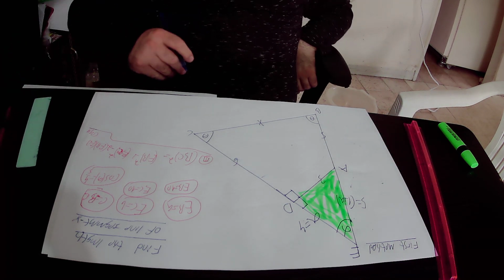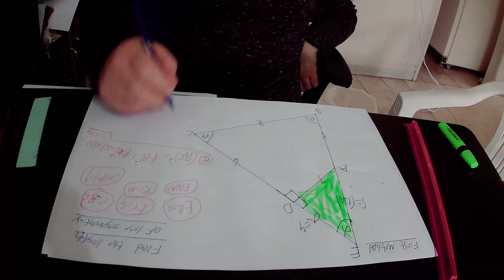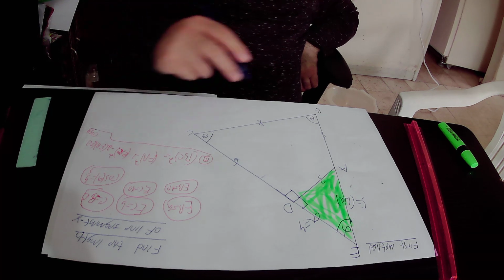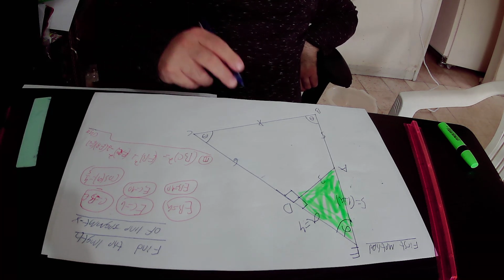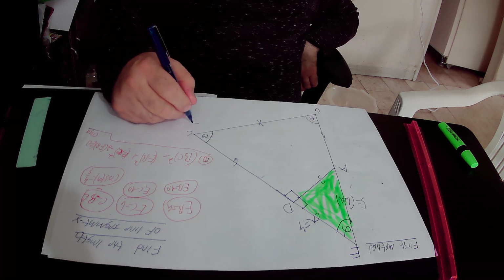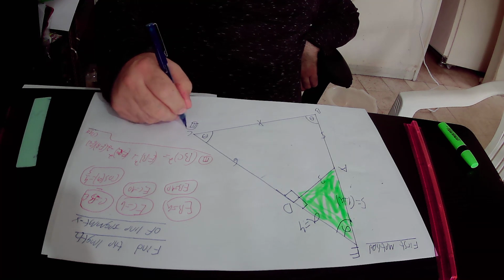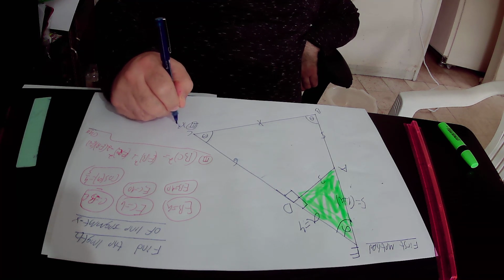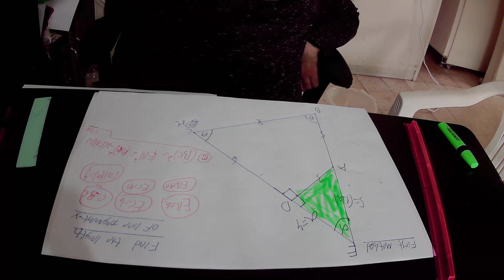So according to equation number 3, we found out that BC square, BC is x, so BC square is x square, equals EB square.